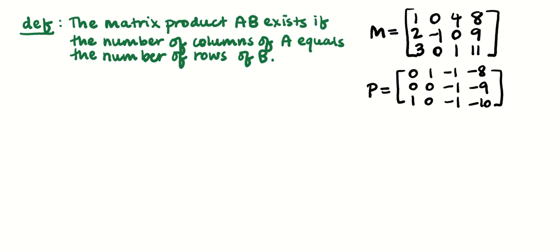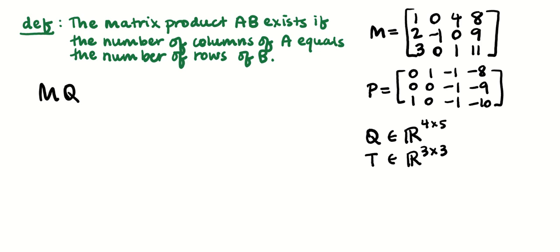Okay, for example, if Q is a 4 by 5 matrix, and T is a 3 by 3 matrix, then I'm going to talk about MQ, MT, and TM. M is a 3 by 4.